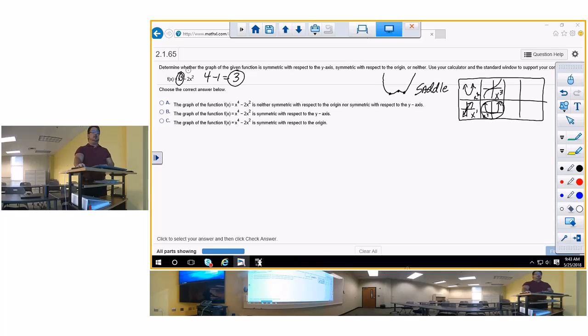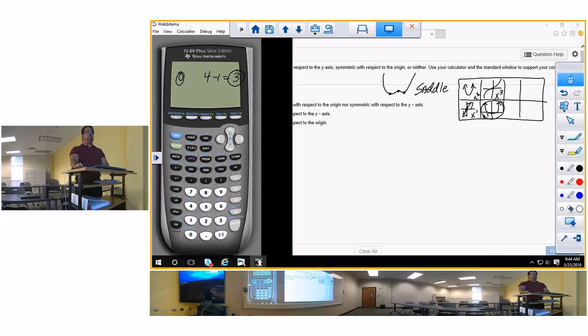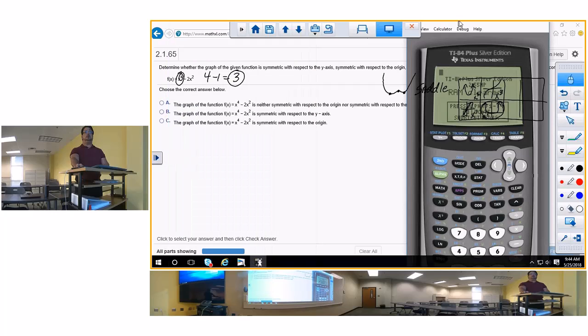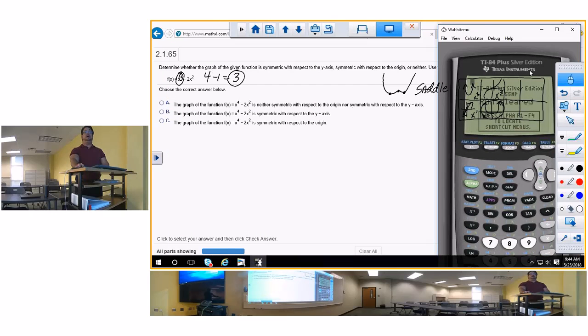Some of these in 2.1 are nothing but calculator drills, and in this case, this is a calculator drill question. So I'm going to take my handy-dandy calculator, and I'm going to punch in. For those of you that need to know how to use the calculator, I got to move it first. Sometimes this calculator doesn't cooperate with me. X to the 4th minus 2x squared.